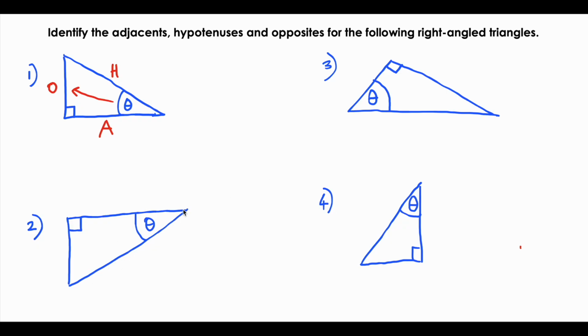Adjacent? You sure? Yeah. What makes you say it's adjacent? Teacher, I just guessed. You guessed. So tell me now, what makes something a hypotenuse then? Hypotenuse is the line that subtends the right angle. Okay, exactly. So which one here subtends the right angle?